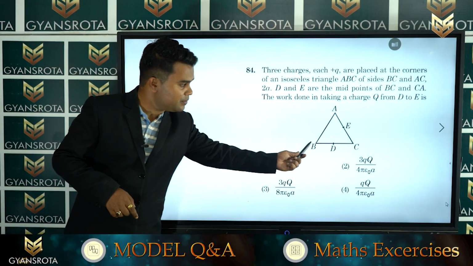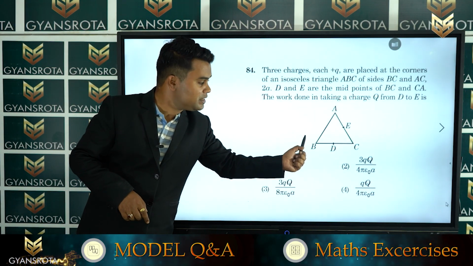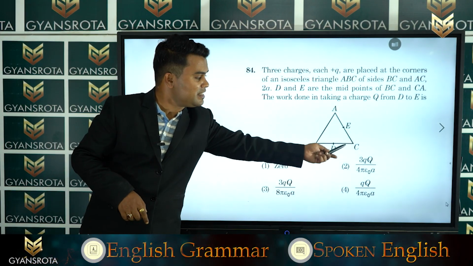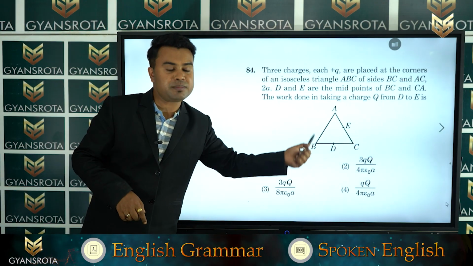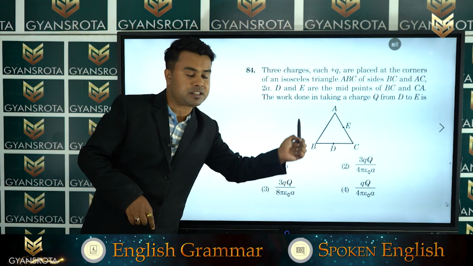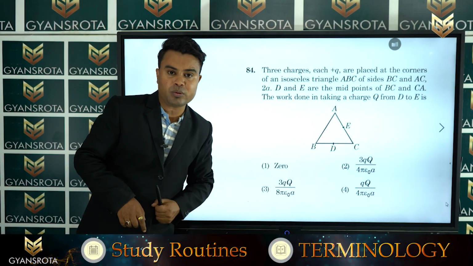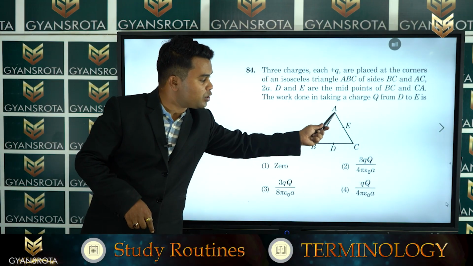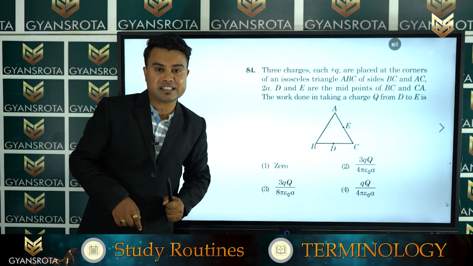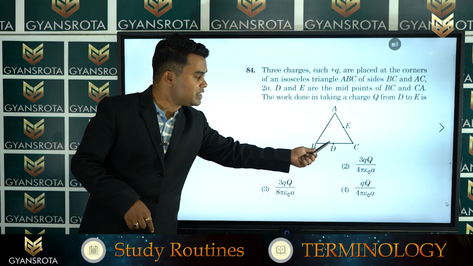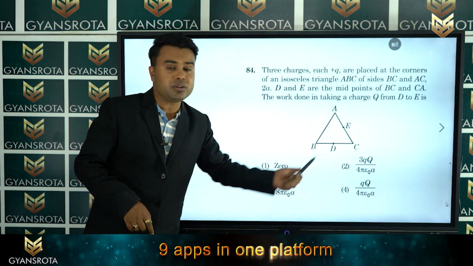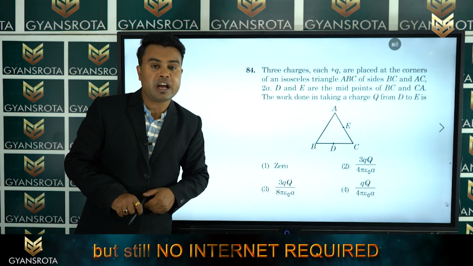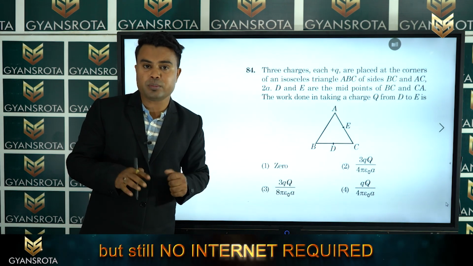So out here the distances BC and AC are the same, isosceles sides, and the charges are plus q. So at this point the potential will be the same, and at this point also the potential will be the same, right, as the distance is the same. If the potential is the same at these 2 points, the potential difference at D and E will be how much? 0.